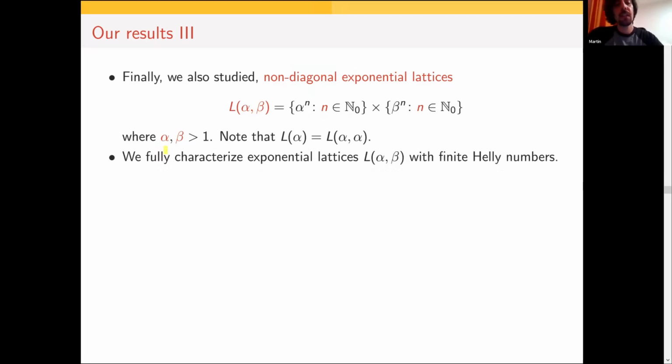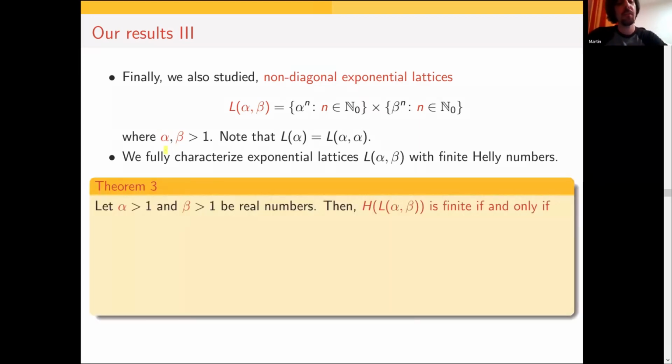Now we fully characterize these exponential lattices that have finite Helly numbers. So we have a complete characterization. Let me put it as our theorem 3. Let alpha and beta be some real numbers, maybe different, but larger than 1. Then we prove that the Helly number of this non-diagonal exponential lattice is finite if and only if, and now you can think what will be the right condition.